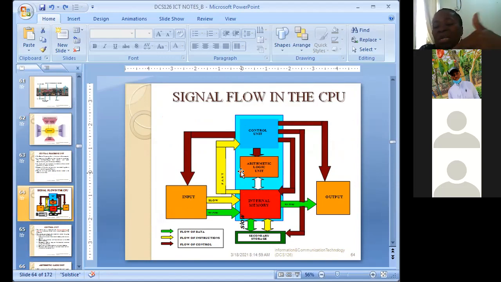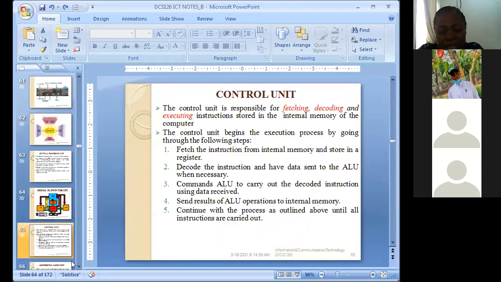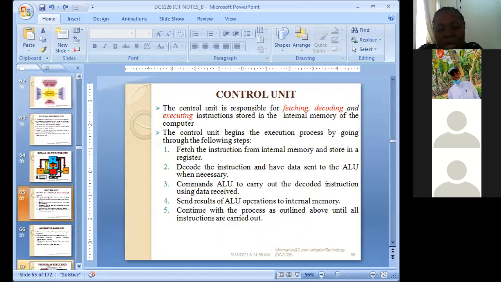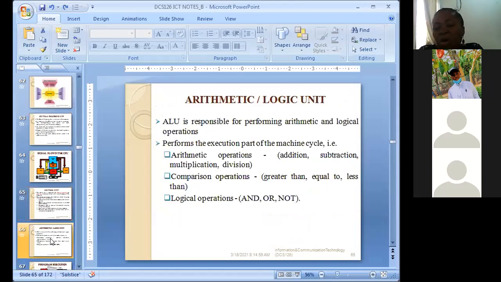It will do that for the 10 instructions. It will keep going. It's like a circle. It will keep going until all the instructions have been executed. And it's only after that that it will move on. That's why your computer can work the whole day, because as instructions come, it is fetching and decoding and executing.